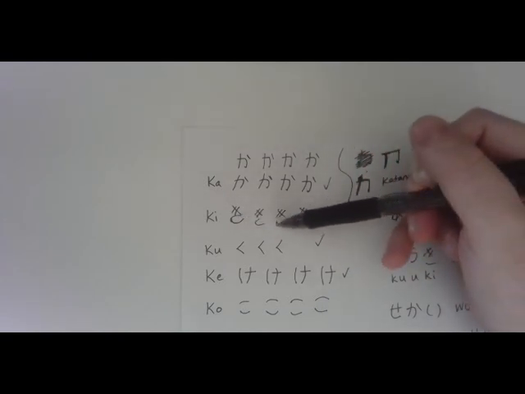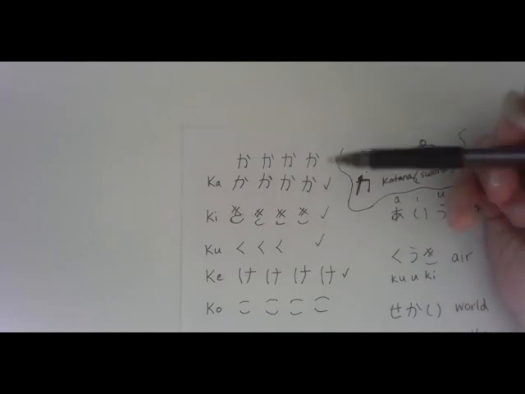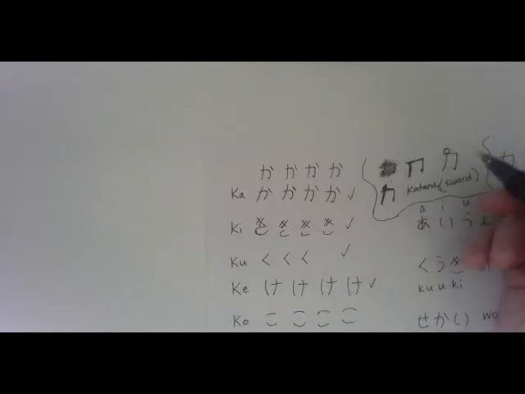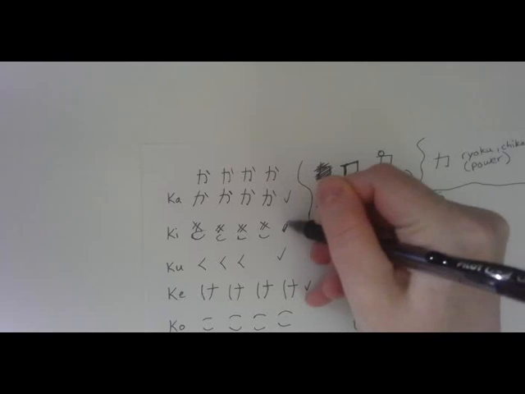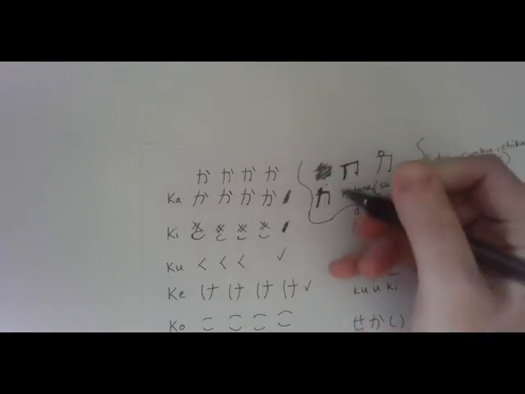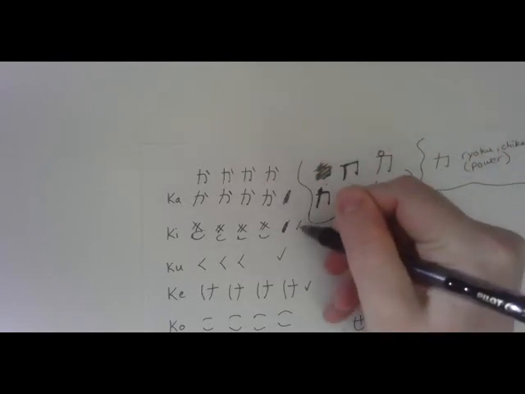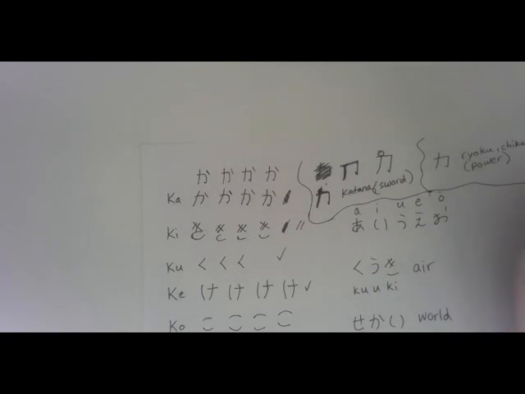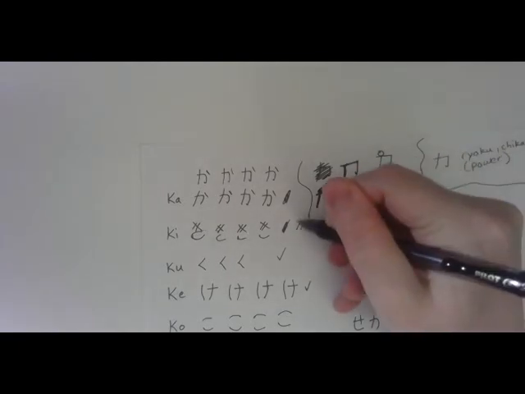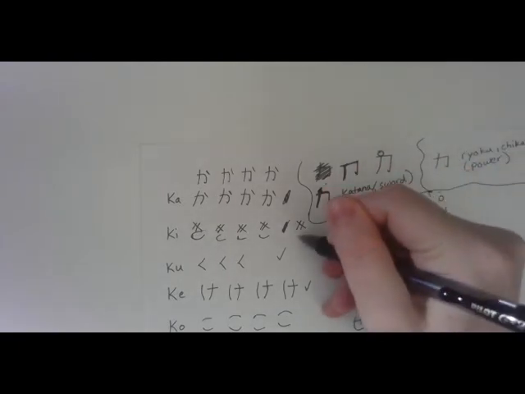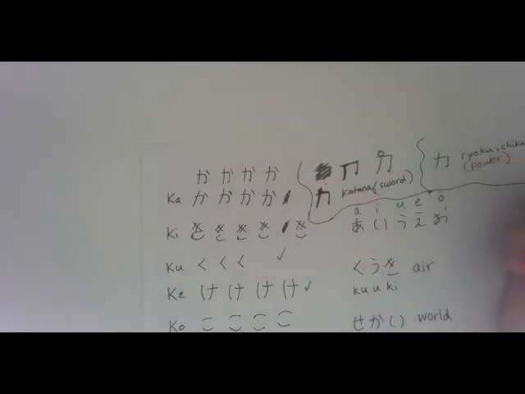You just put a little smiley face under it. So what we're going to do, let me erase these check marks. So here we go. 1, 2 parallel lines, and then a line through it like that. And then the little smiley face under it. And that's ki.